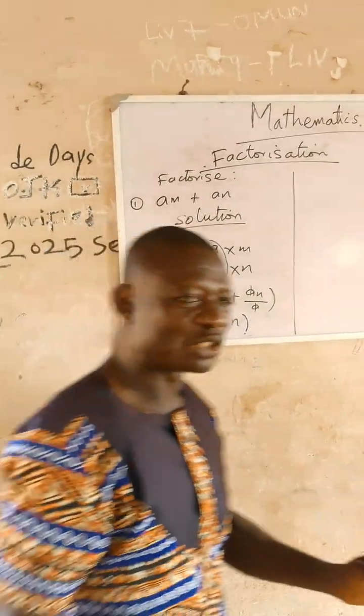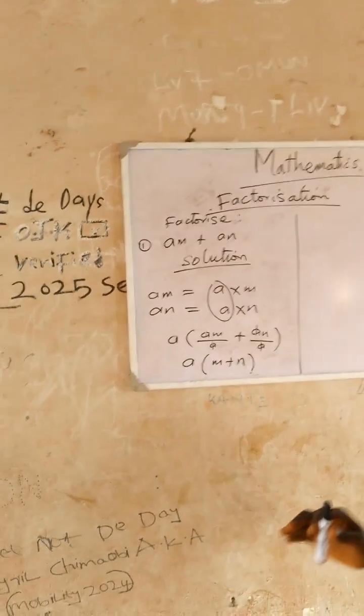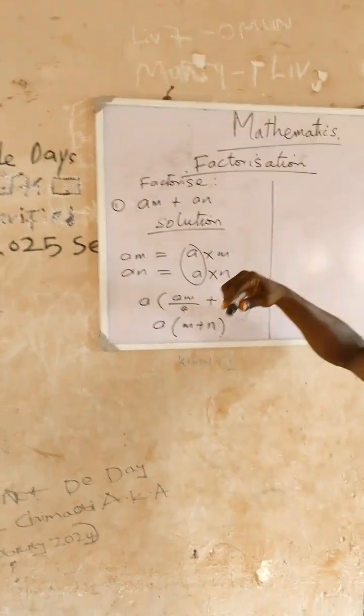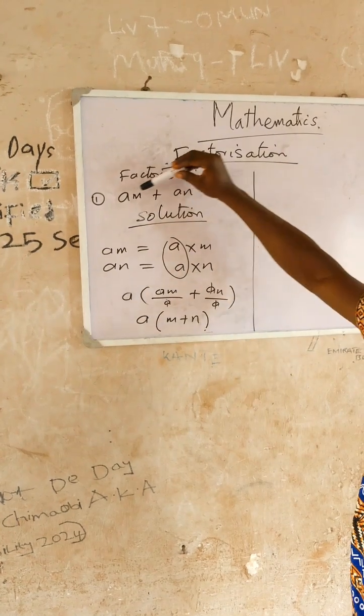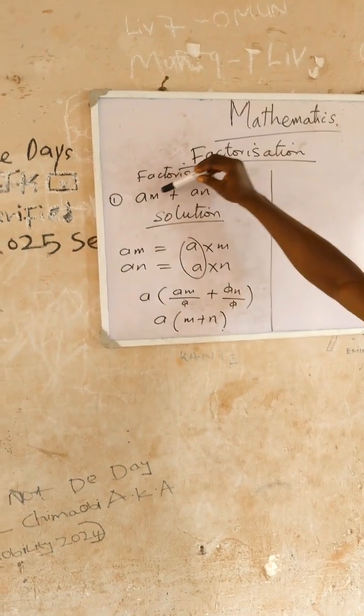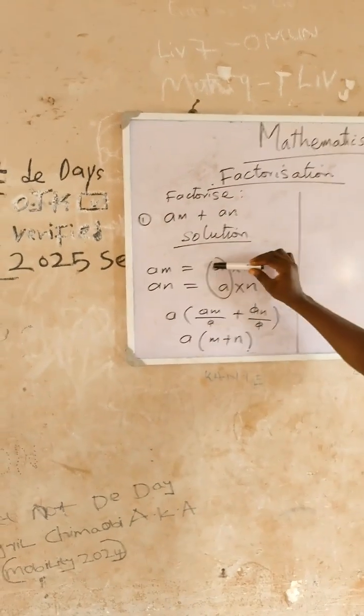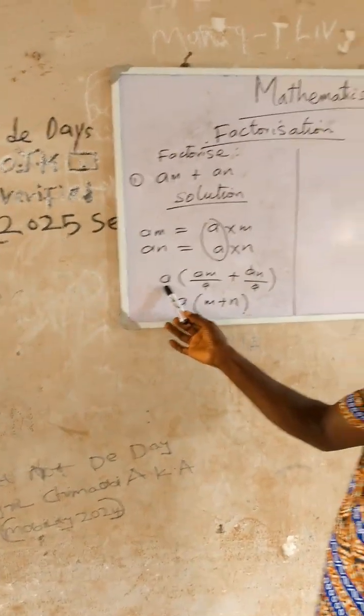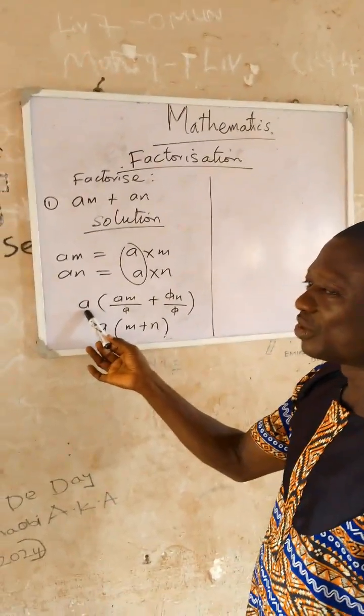So to factorize the expression, first of all, you find the HCF, the highest common factor of that expression. We have found the highest common factor of AM and AN, as we have been doing before. Then bring A out, bring the HCF out.